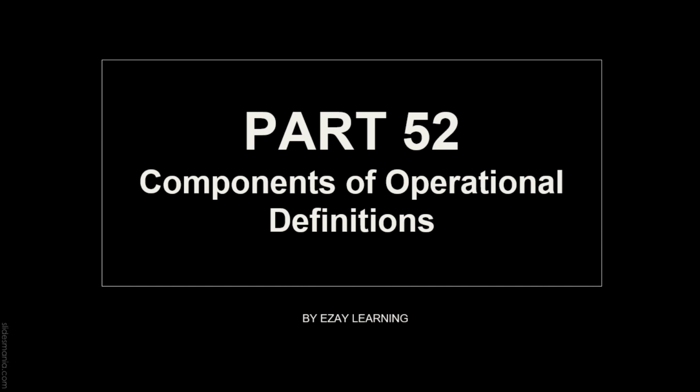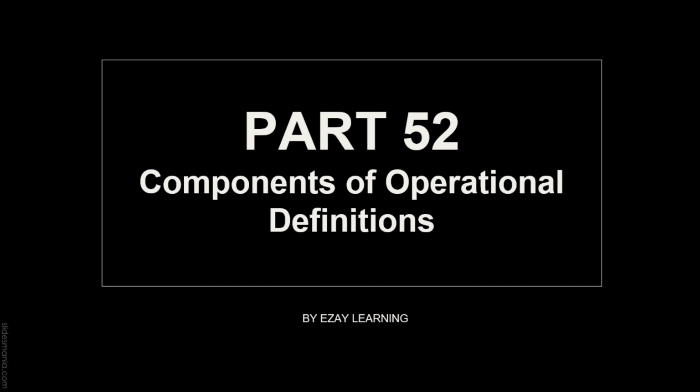Now we are working on components of operational definitions. What should be the components in terms of defining them the right way? You have to define behaviors when you are working on skill acquisition plans or behavior reduction plans. That's why you need to know the components.